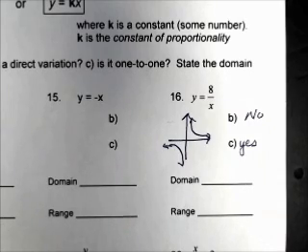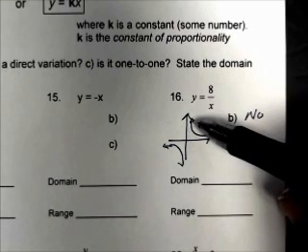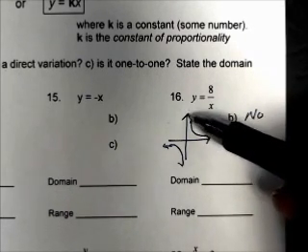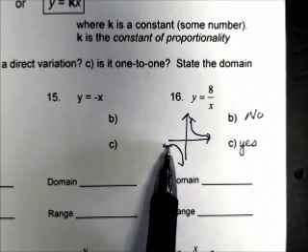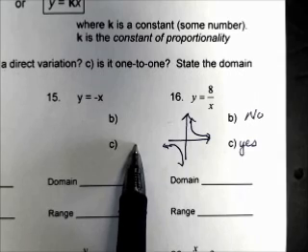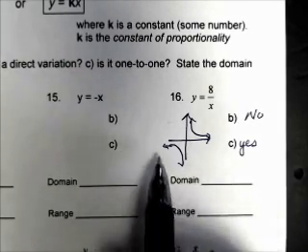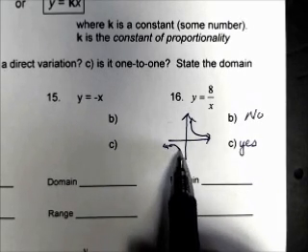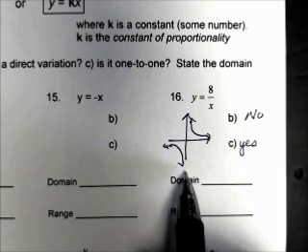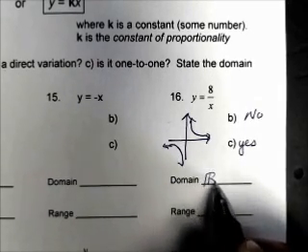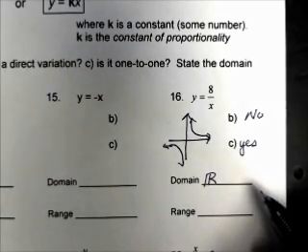What's the domain? Now, this keeps going upward, but does not cross over the y-axis. This keeps going to the left, out to negative infinity. Here, this keeps going downward to the right, but does not cross over the y-axis. So in other words, it is all real numbers except the y-axis, and the y-axis is the equation x equals 0.